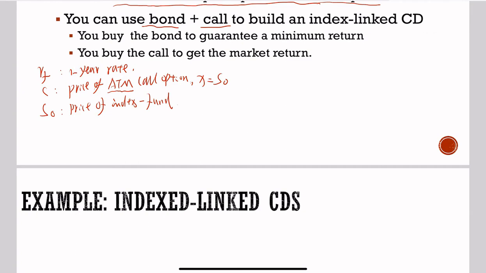Now, let's start building our fancy financial product which never loses you money, and at the same time you can actually get some market returns. That sounds really nice, right?